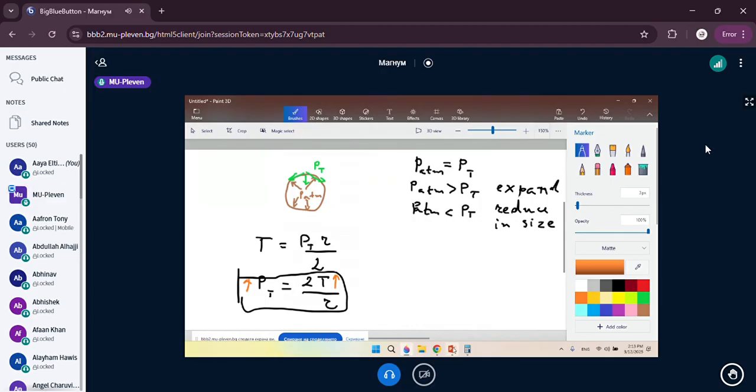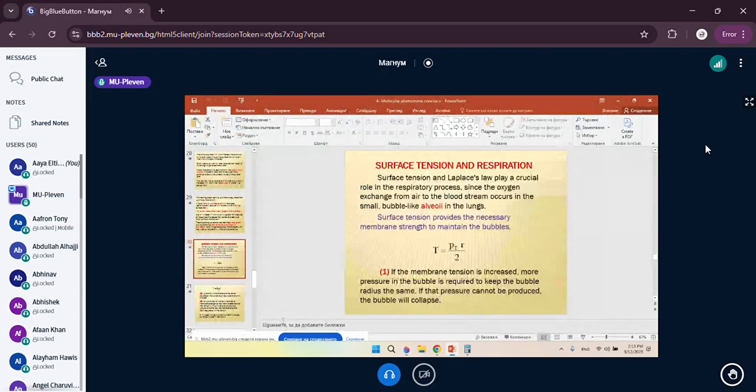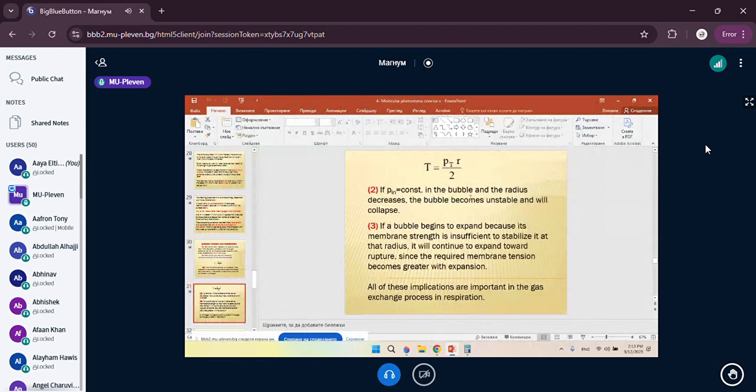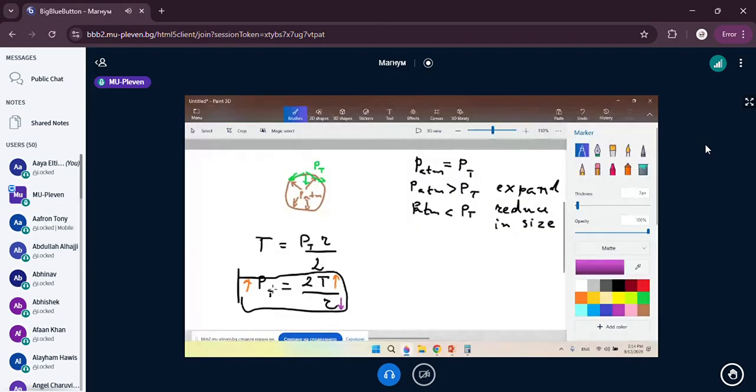Okay, in the next slide. If the radius decreases, for some reason, suppose this decreases. It is in the denominator, so this will increase, it is inwardly directed, it will collapse.